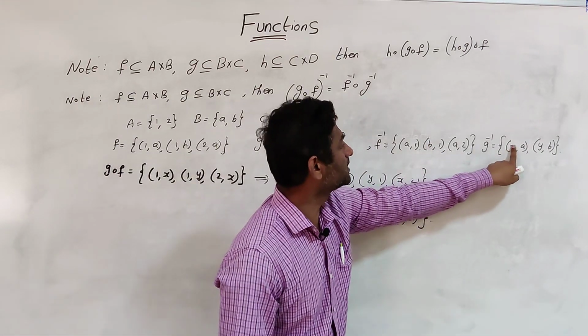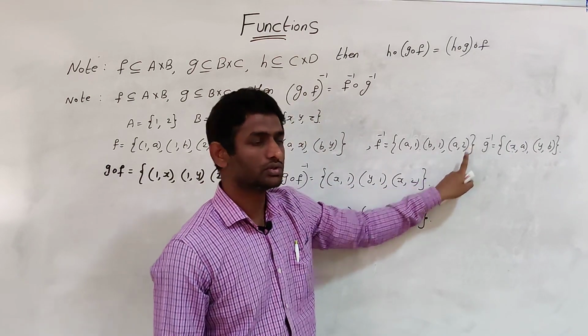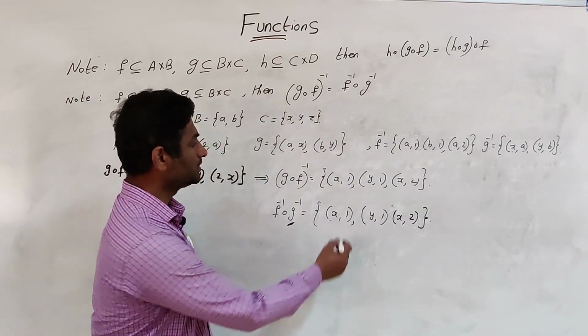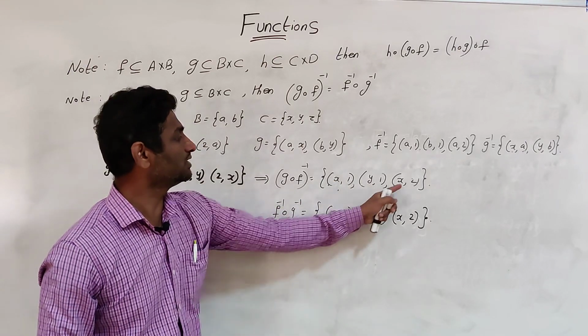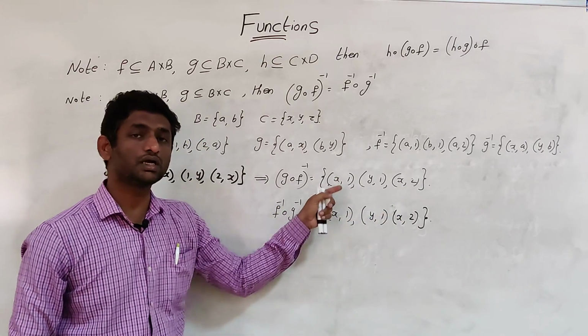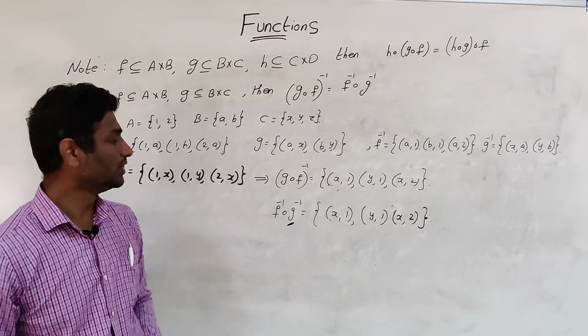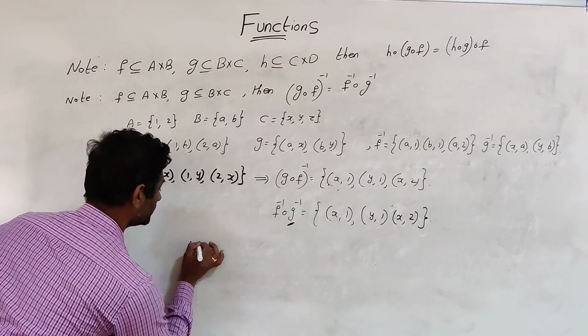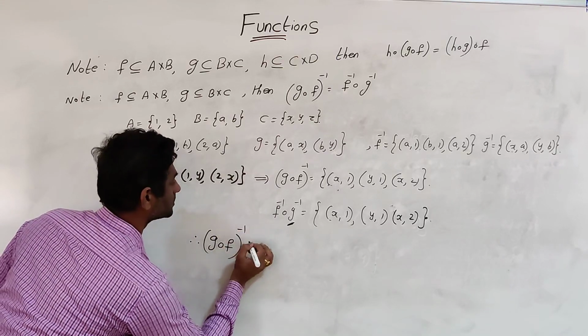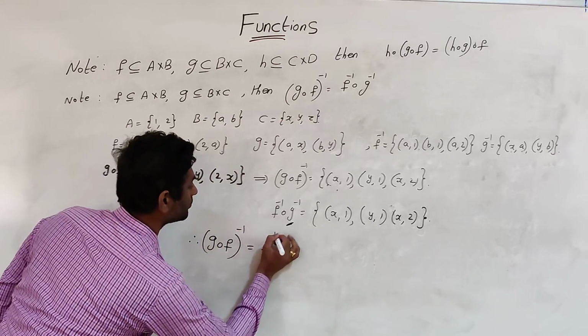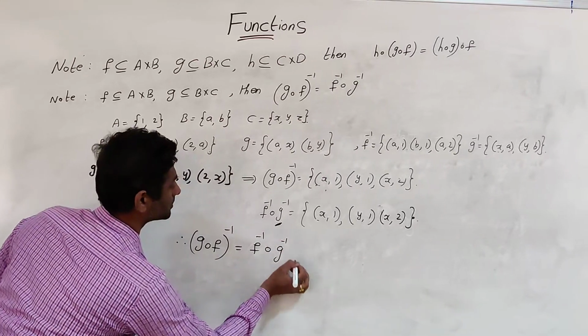One more, (x, a), (a, 2), so (x, 2). If you observe these two sets, (x, 1), (y, 1), (x, 2), these two sets are equal. So what we can conclude is that the inverse of G compose F is equal to F inverse compose G inverse.